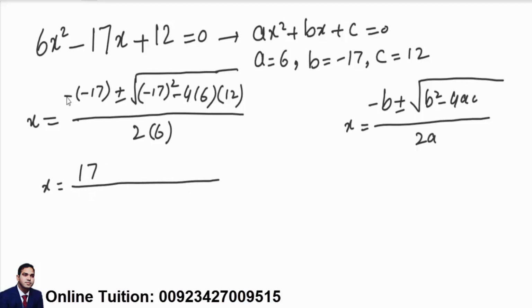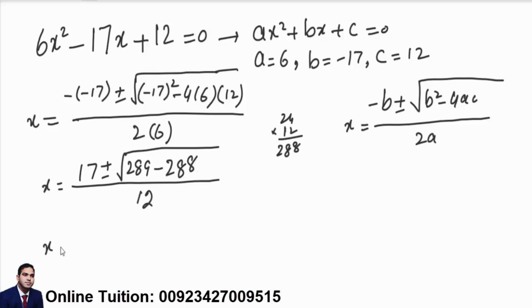This is plus 17, plus minus square root of 17 square, which is 289, negative 4 multiplied by 6 is 24, and 24 multiplied by 12: 12 fours are 48, 12 twos are 24 plus 4 is 28, so 288. So 288 over 12.